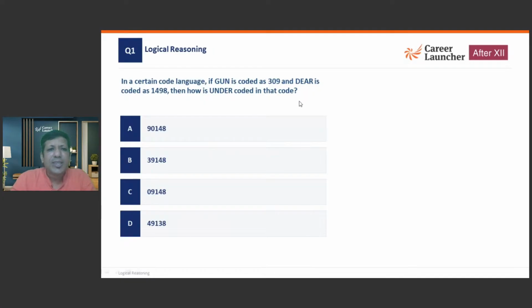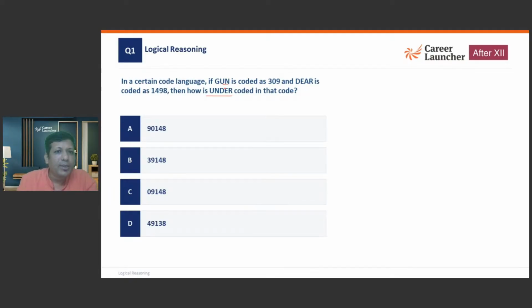Now the question is saying gun is coded as 309, deer is coded as 1498, how is under coded? Basically nothing is given here about how to do it, what to do. So there is not much clarity in this, right? Whenever you see these kinds of questions, always look for the common letter.